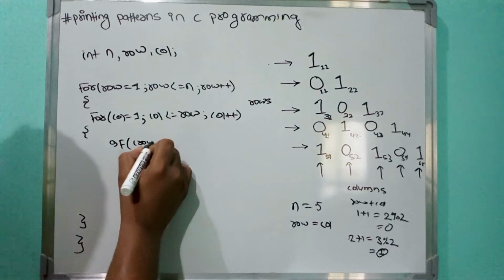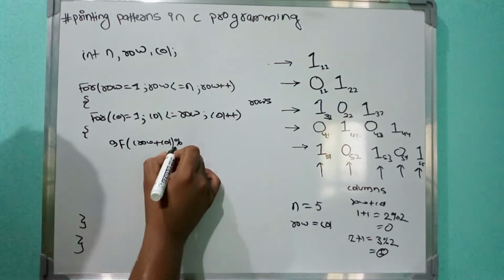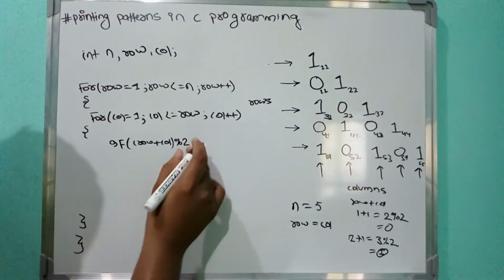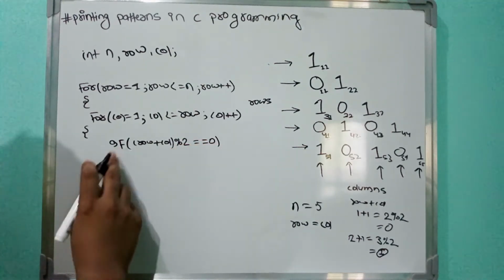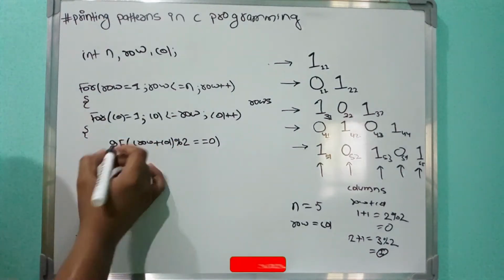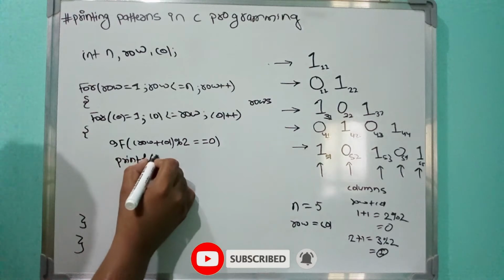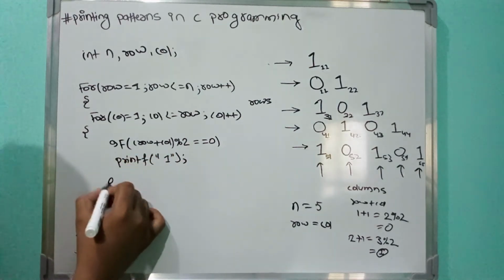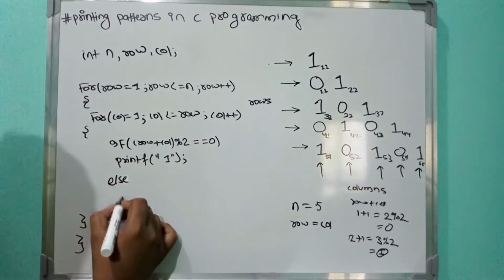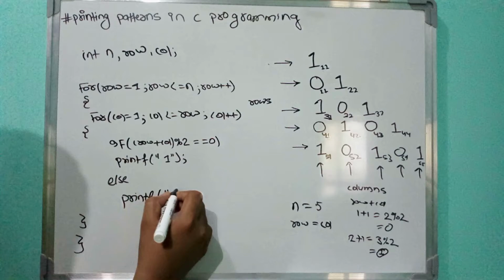If row plus column, using the remainder operator, modulo 2 is equal to 0, and this condition holds true, then we will simply printf 1. Else, if this condition is false, we will printf 0.